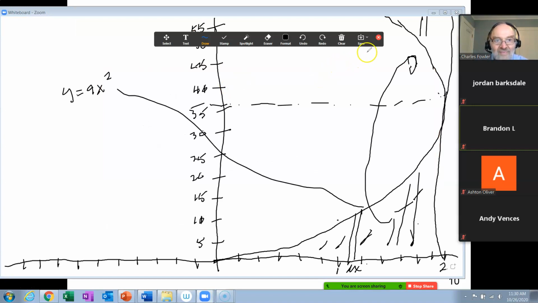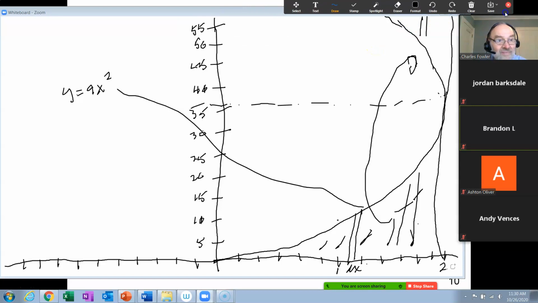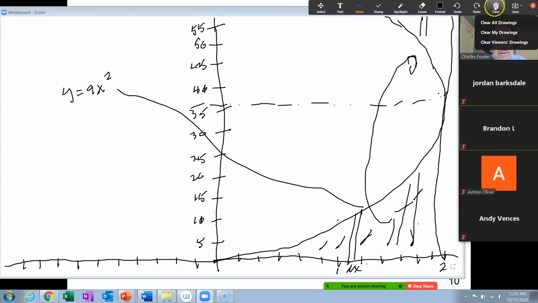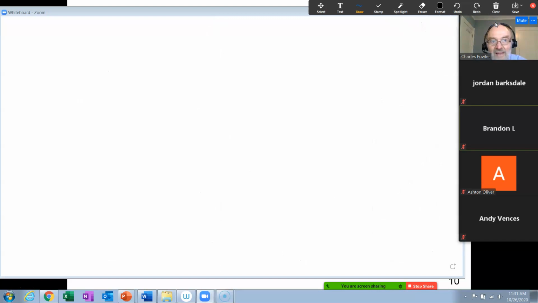Now why this came back down here, I don't know, but I'm going to move it out of the way. Okay, and I will clear the drawings on the screen. Does anyone need that anymore? Okay, and let's hit example 2.